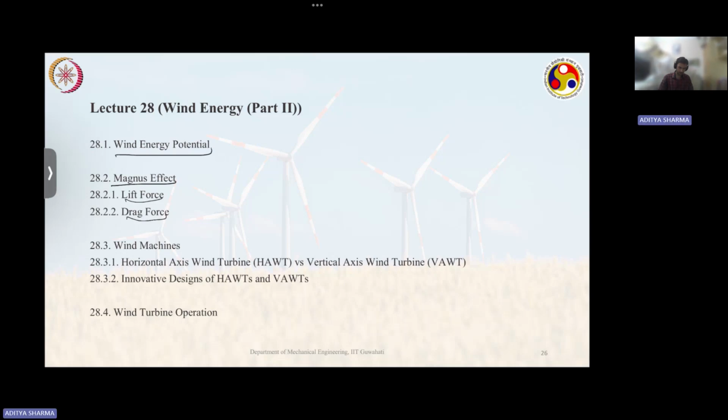Magnus effect basically is the lift generated. Then wind machines, horizontal axis wind turbine, vertical axis wind turbine.